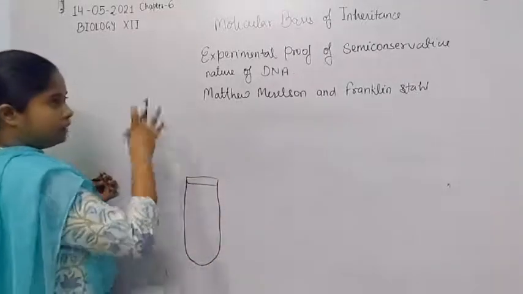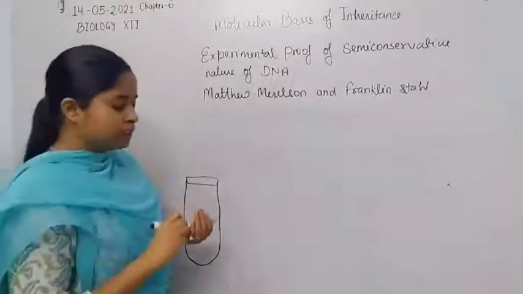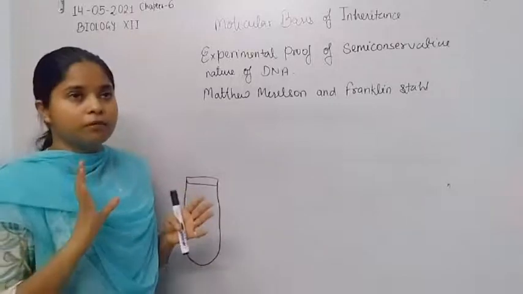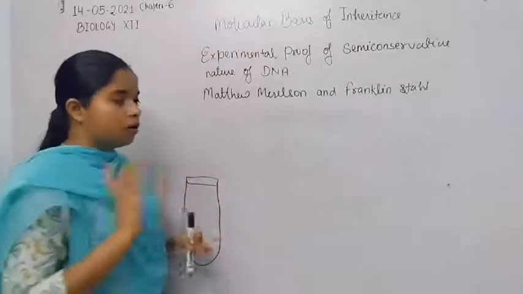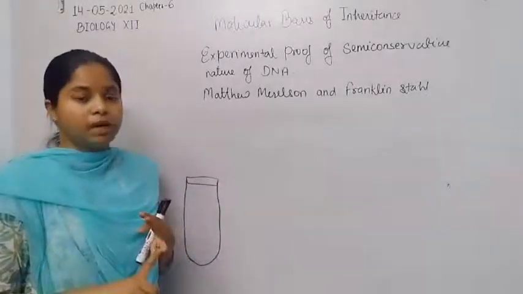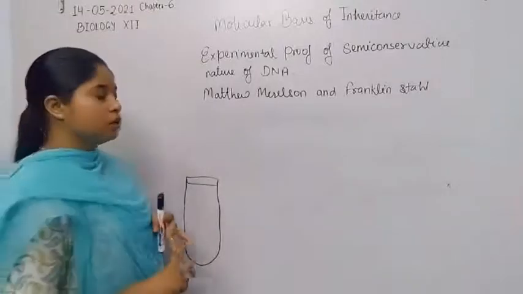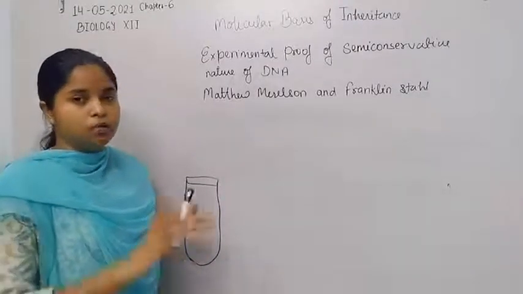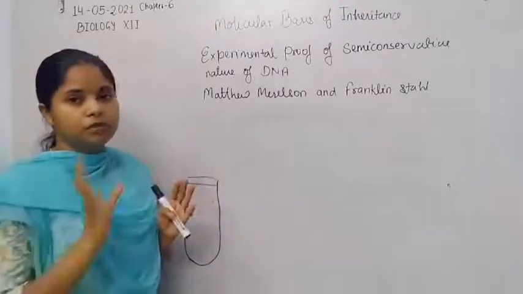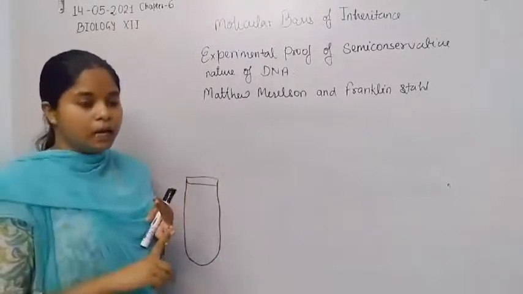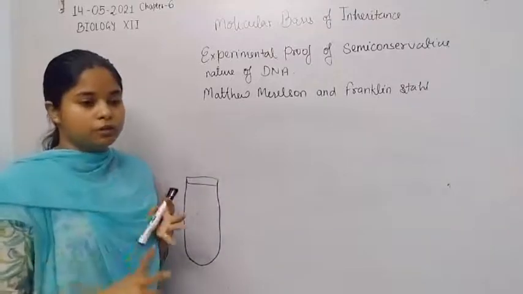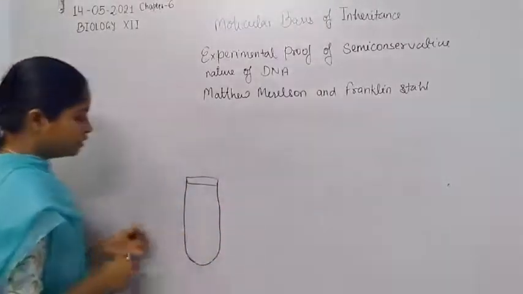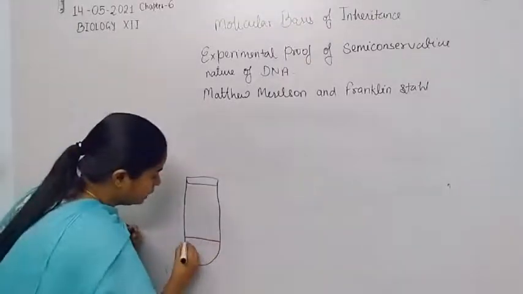Cesium chloride functions as a density gradient. After 20 minutes the bacteria can reproduce, so they isolated the bacteria and, with the help of cesium chloride and centrifugation, isolated their DNA, and obtained the band near the bottom.